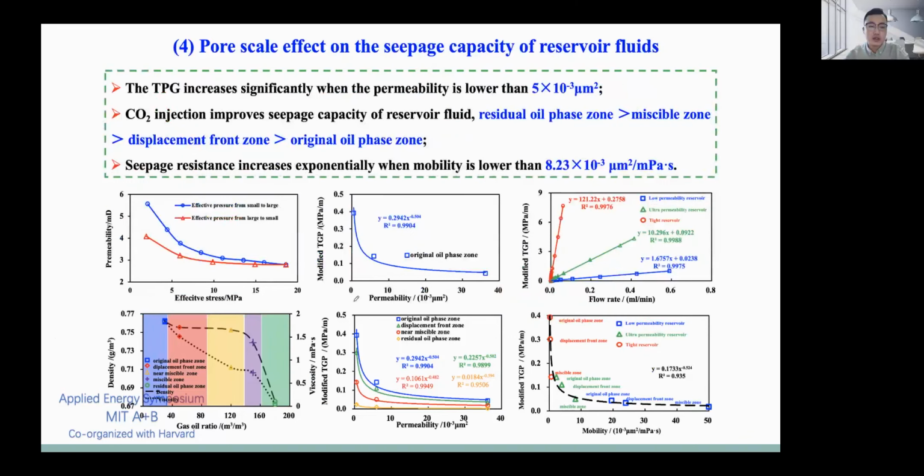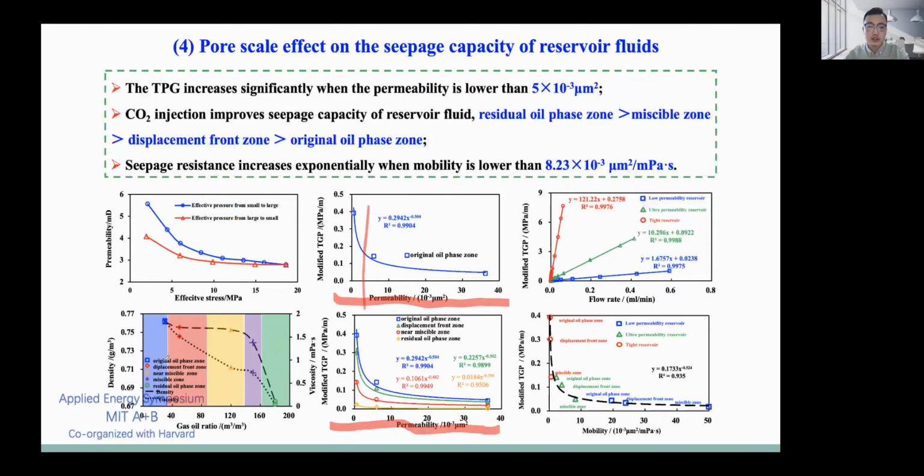Then we studied the pore scale effect on the seepage capacity of reservoir fields. As the result showed, the TPG increases significantly when the permeability is lower than 5. Besides, CO2 injection improves seepage capacity of reservoir fields.